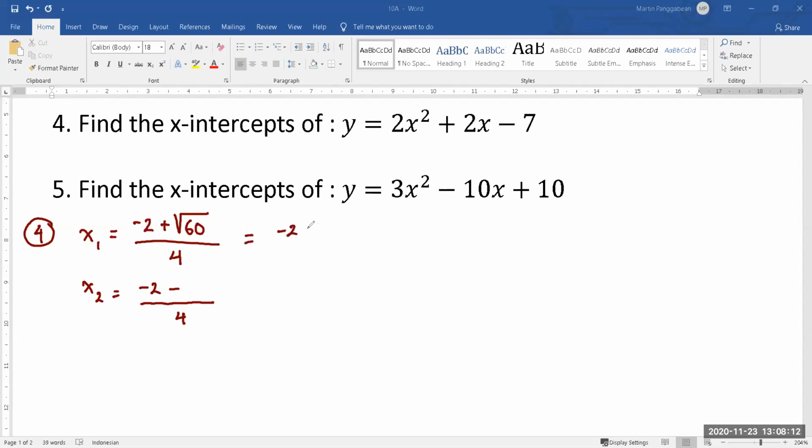So it is -2 plus 2 square root of 15 over 4, right? So in the end, it will be -1 plus square root of 15 over 2. I hope that this is right. Again, for x2, the difference is only the operation in between. The first one is addition. The second one is subtraction. So this will be the next one.